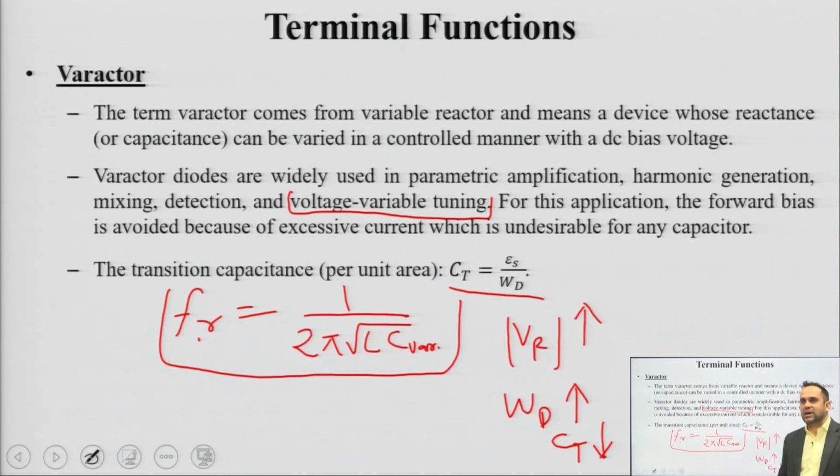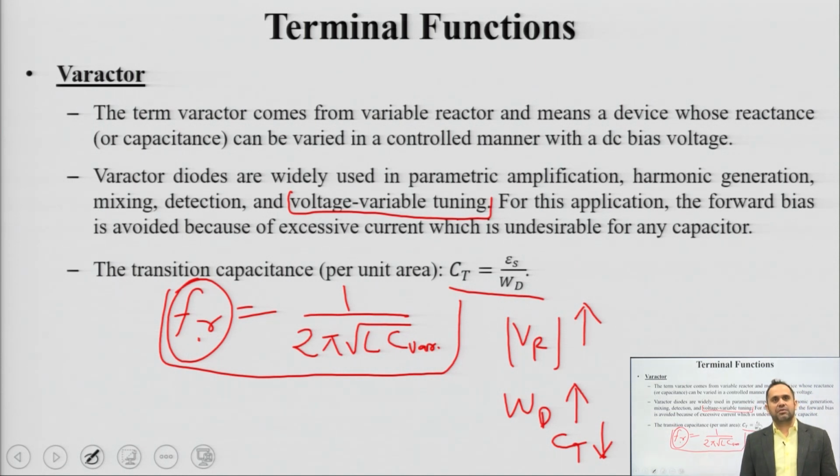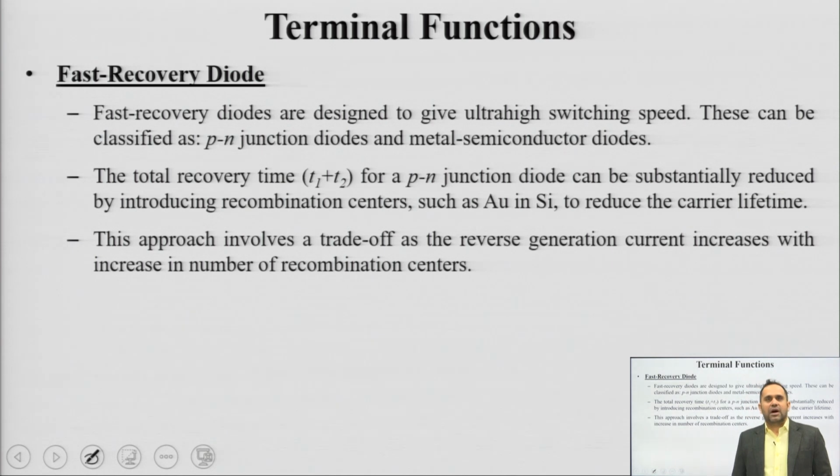So, what I am doing, I am making the reverse voltage variable and I am altering the frequency of a tuning circuit. This is what the basis of a varactor diode is or varicap diode is, variable capacitance diode. Okay. So, a p-n junction diode biased in reverse bias can be used as a voltage variable frequency tuning circuit. Okay. Another 2 terminal function is what is known as a fast recovery diode.